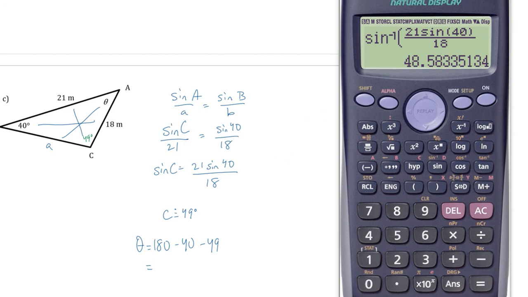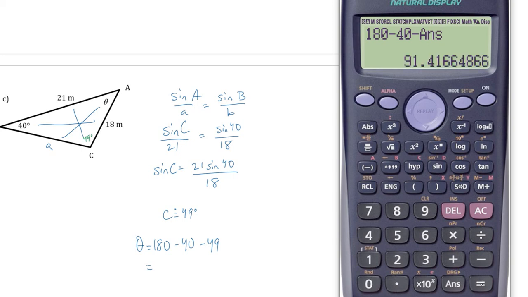And this is something where the other day I talked about exact answers and rounding and that kind of thing. And this is one way that you can avoid rounding, by learning to use the answer that's stored on your calculator. So 180 minus 40 minus, and I'm going to hit this answer key, and that is going to use the last answer stored on the calculator, and it'll be exact.